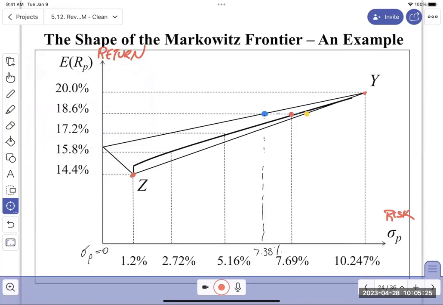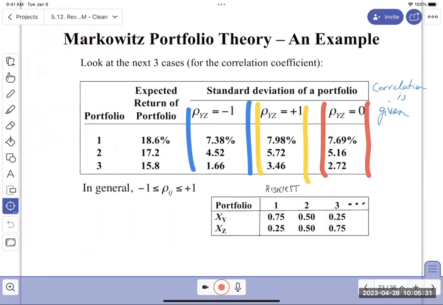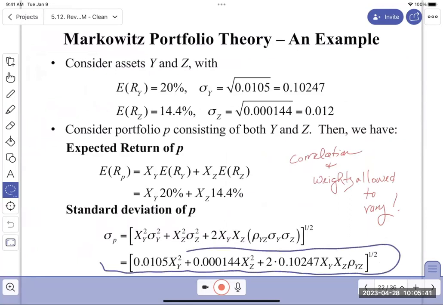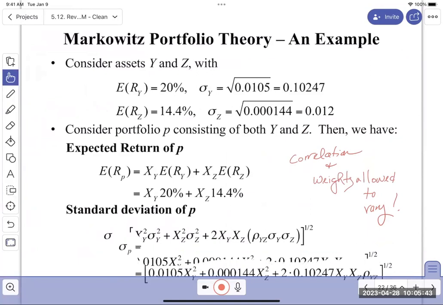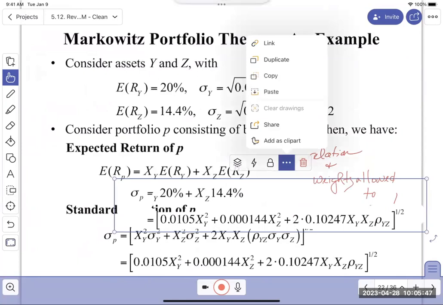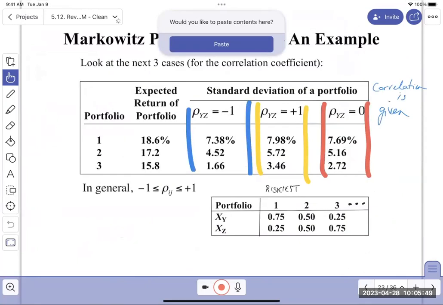What does change is the risk, because the formula for standard deviation depends on the weights and the correlation. So I'm going to take this away and put it here.